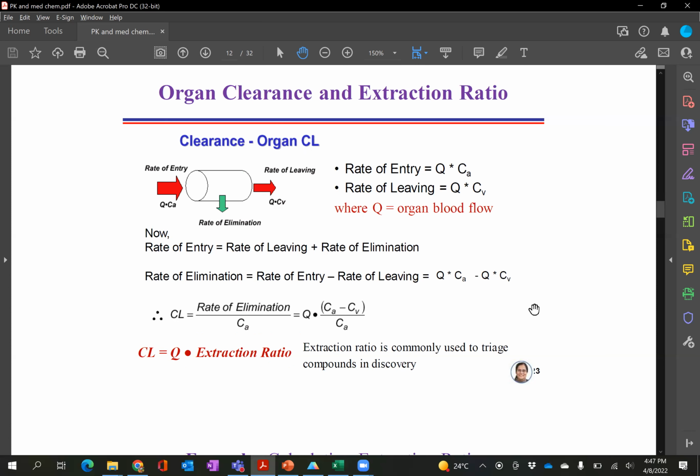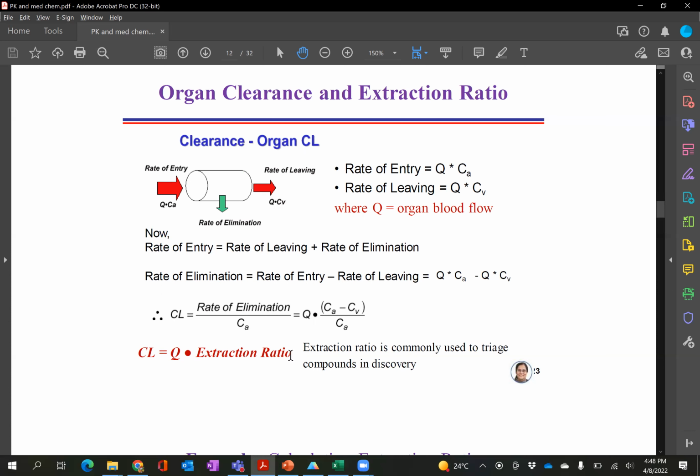That's why they developed all this clearance concept. So clearance equals blood flow Q times the extraction ratio, or clearance divided by Q gives the extraction ratio.